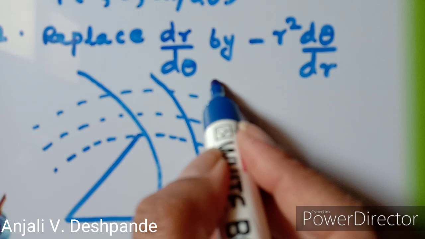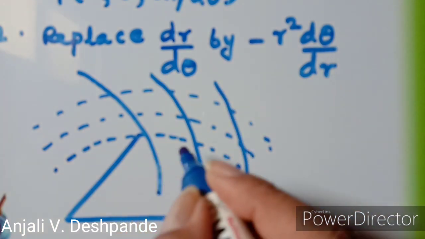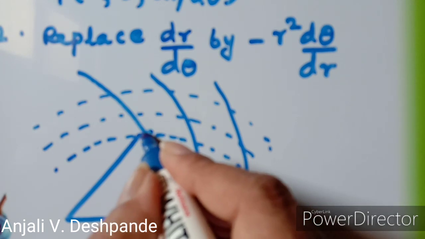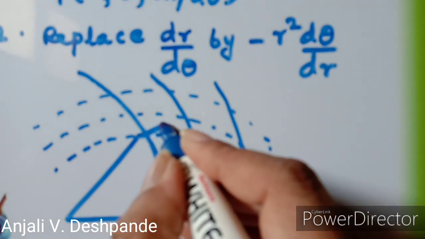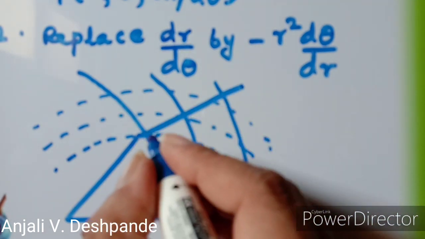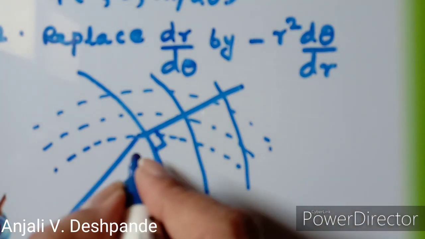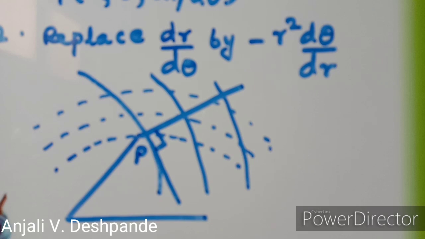Over here, this particular angle is 90 degrees. Let me call this point P. This angle I am going to call theta.